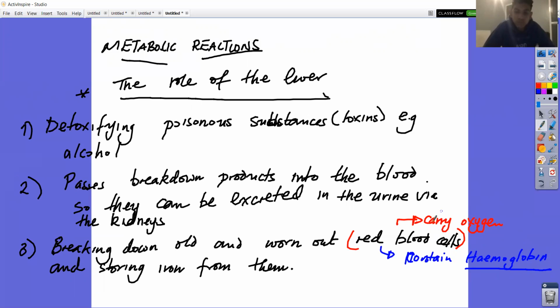There's a high concentration on the outside, low concentration. So it diffuses and it combines with the hemoglobin and it forms oxyhemoglobin. That's another word, oxyhemoglobin. That's hemoglobin that has combined with oxygen.